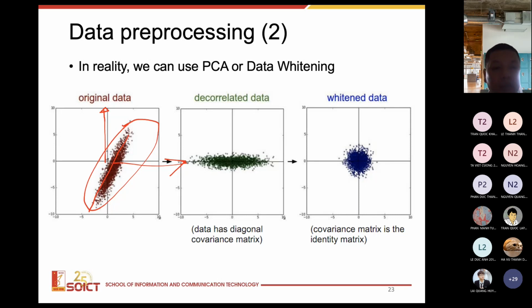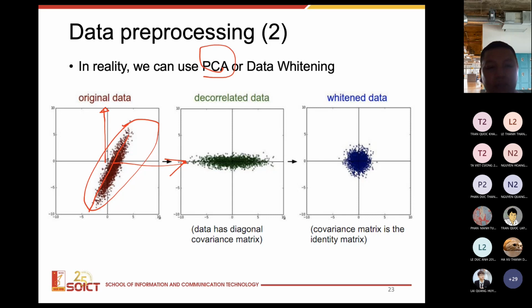And we want to remove the correlation of the data because we want to reduce noise and maybe reduce the redundant features in the data. So we can decorrelate by using principal component analysis to have decorrelated data.